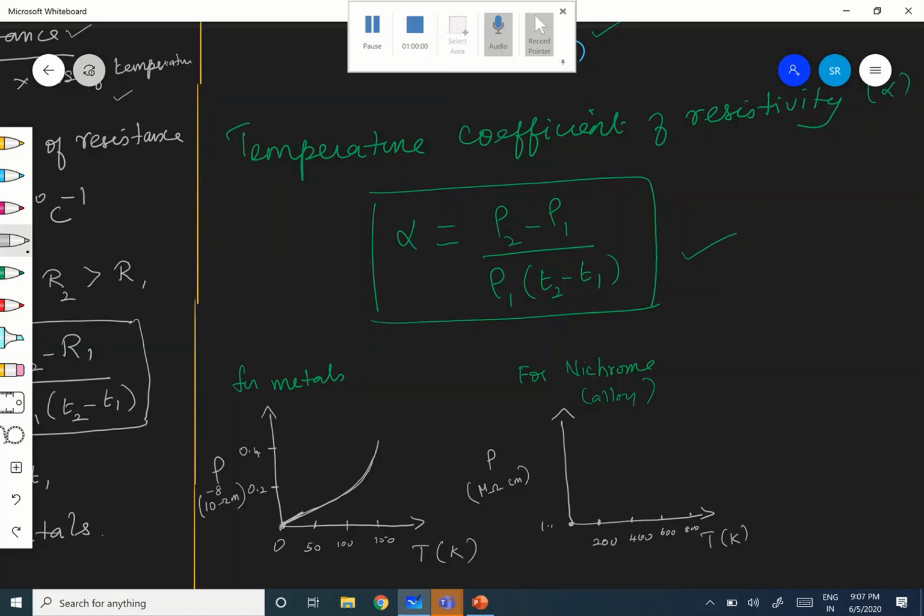Therefore it is 1.10, and here it is 1.12 micro ohm centimeter rho. Therefore how it will change, you see, up to 800.